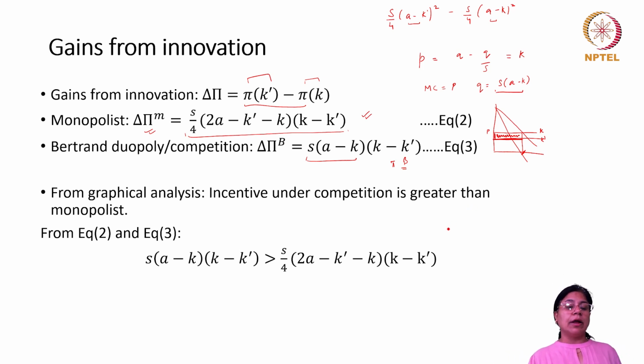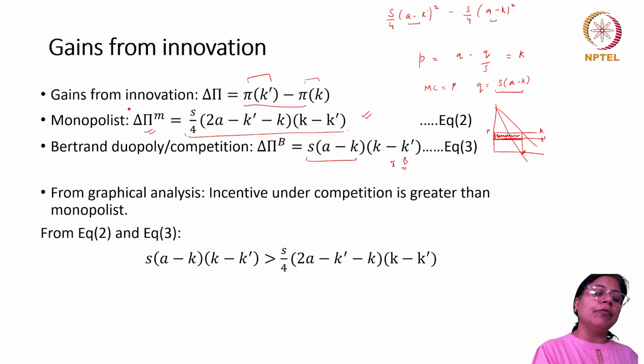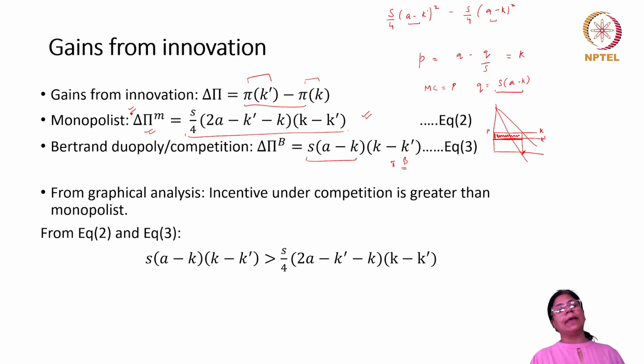And in order to prove our earlier point, where we highlighted that the incentive under competition is rather large as compared to that of a monopoly, we have to now compare these two terms. Which two terms? The change in the profit for a monopolist when they engage in a process innovation, and the specific case of process innovation which we have taken is that of a non-drastic one, and the profit which will be made by a Bertrand competitor when they once again reduce the price from k to k prime.